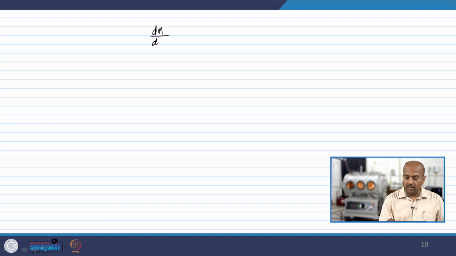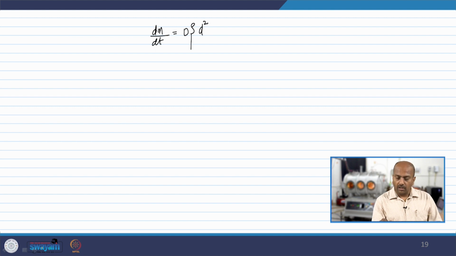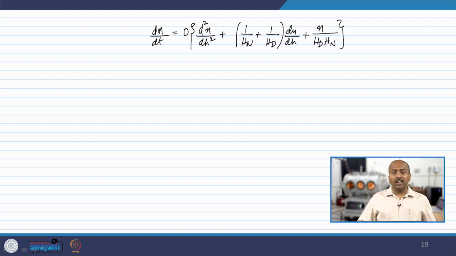So, one very important equation that we have derived is this, where we write dN by dt and, including the diffusion coefficient, D d squared N by dh squared plus... Now you see this expression; we have realized the difficulty of estimating the variation of number density or concentration with respect to time as well as with respect to space simultaneously, right.